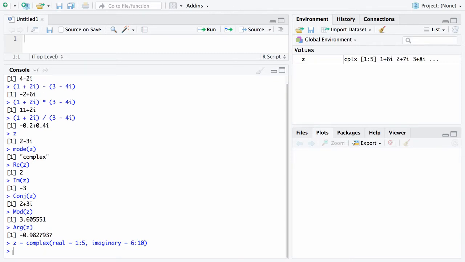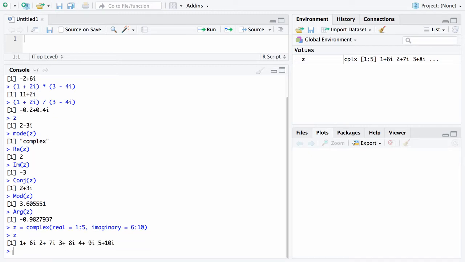And there it's set up, and you can now see over here z for the first time is a complex number, but it is in a vector form. If I were at this point to type z and take a look, there it is. It is 1 plus 6i, 2 plus 7i, 3 plus 8i, etc., all the way up to 5 plus 10i.